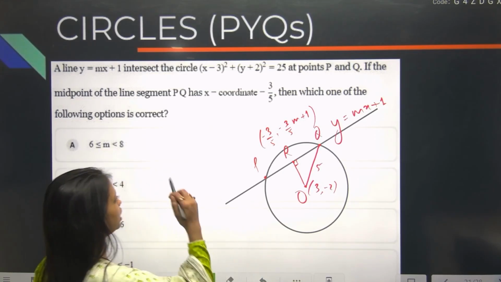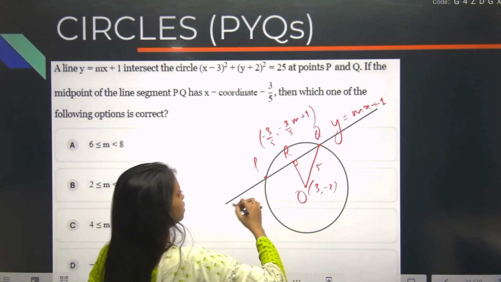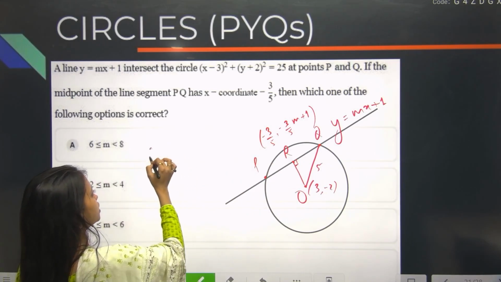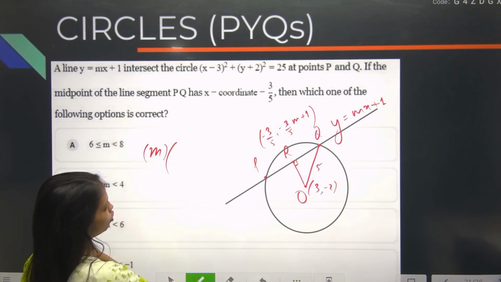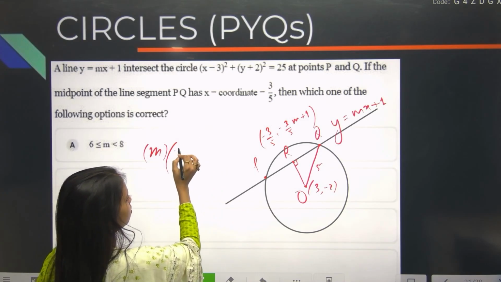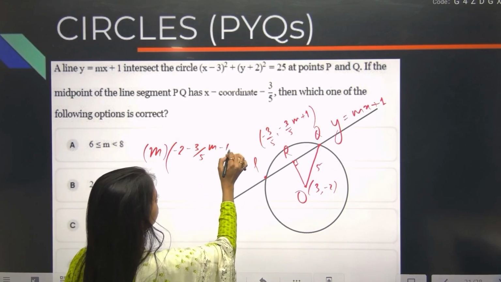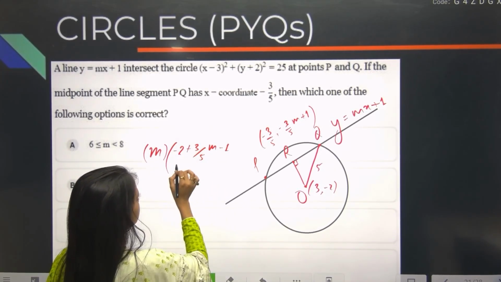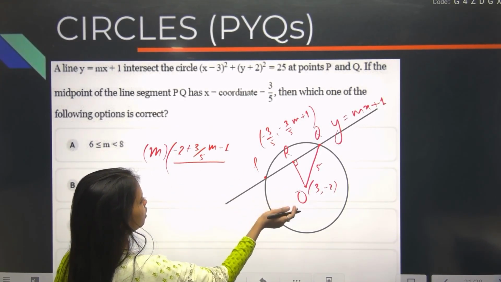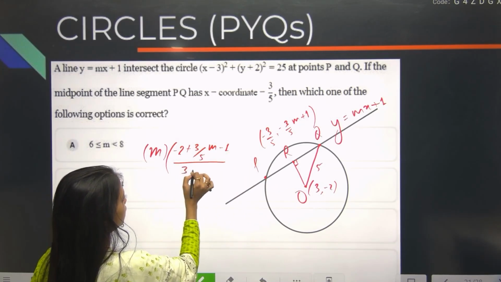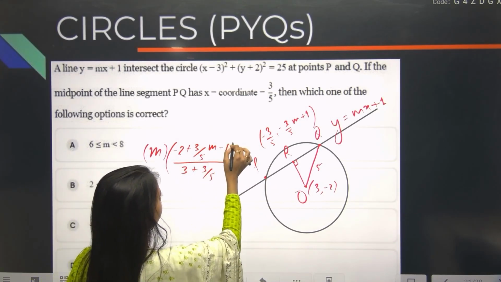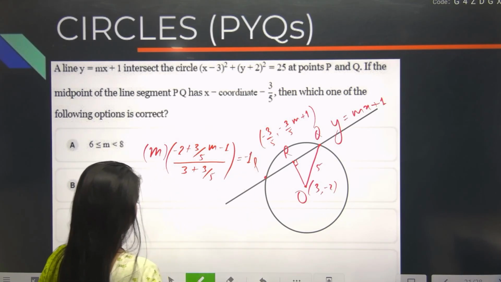Apply that relation. Slope of PQ is simply m. And the slope of this is y2 minus y1, minus 2 minus (minus 3 by 5 m plus 1), that becomes plus, upon x2 minus x1, 3 plus 3 by 5, equals minus 1.